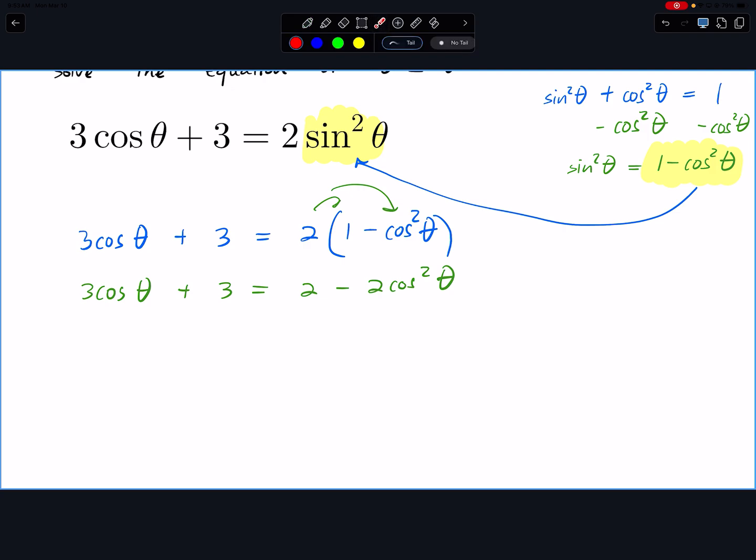So if I add this to both sides and subtract this from both sides, I'm going to get this: 2 cosine squared theta plus 3 cosine theta plus 1 is equal to 0. And then this just becomes the same strategy we did a couple problems ago where you factor it, okay?